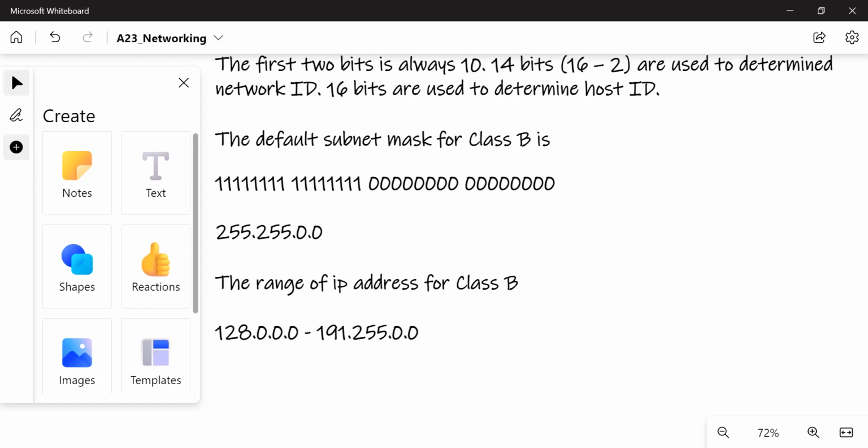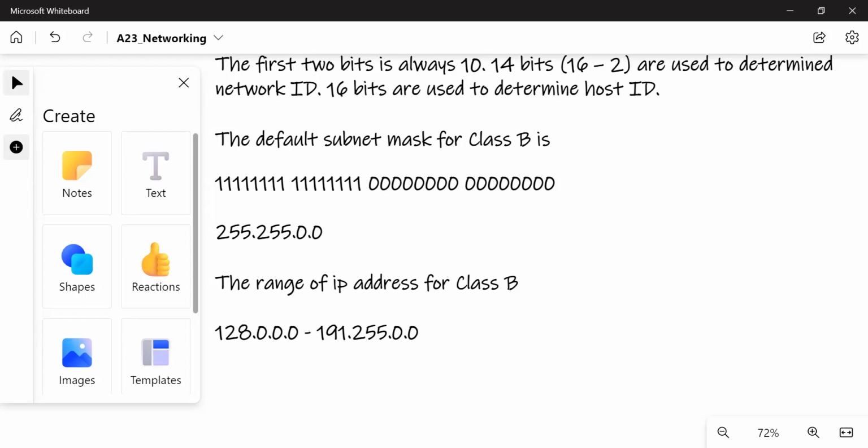So now let's look at the number of hosts, the number of computers we can have in a network. The number of hosts is always the number of hosts that you can create using the host bits.